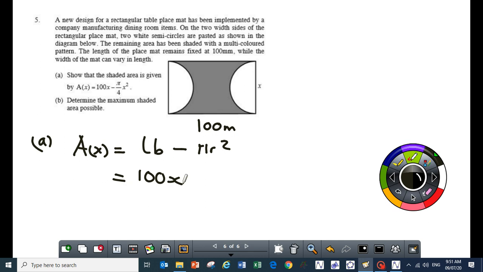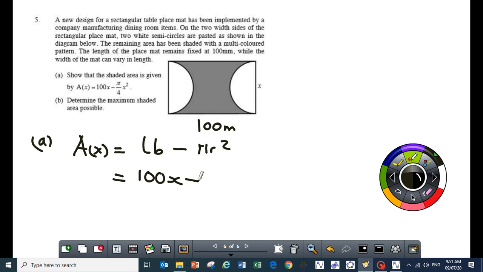Now, when you are doing these questions, the moment you start writing the solution, you are given the equation, and the given equation must guide you. If you see that whatever you are writing is not making sense, then you need to rethink. Here, already I've got 100x, and it's also there, which means I'm on track. Then I have a minus here on the equation, and I've got a minus there as well.